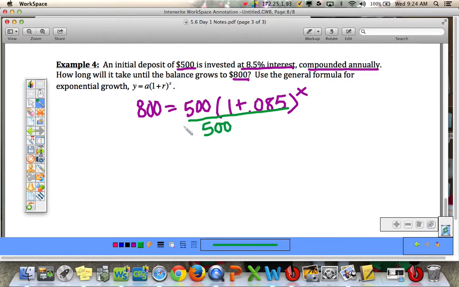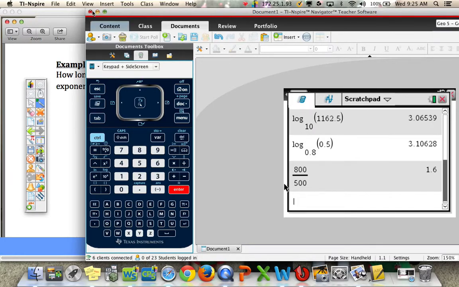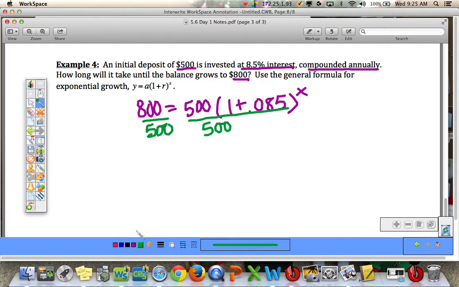We'll divide each side by 500. So we have 800 divided by 500, 1.6. 1.6 equals 1.085 to the x. Let's use the log to solve.